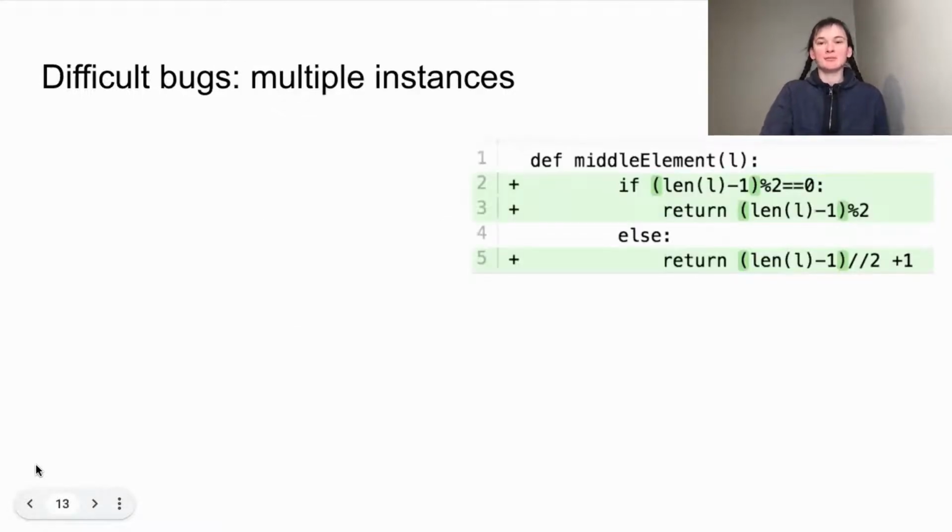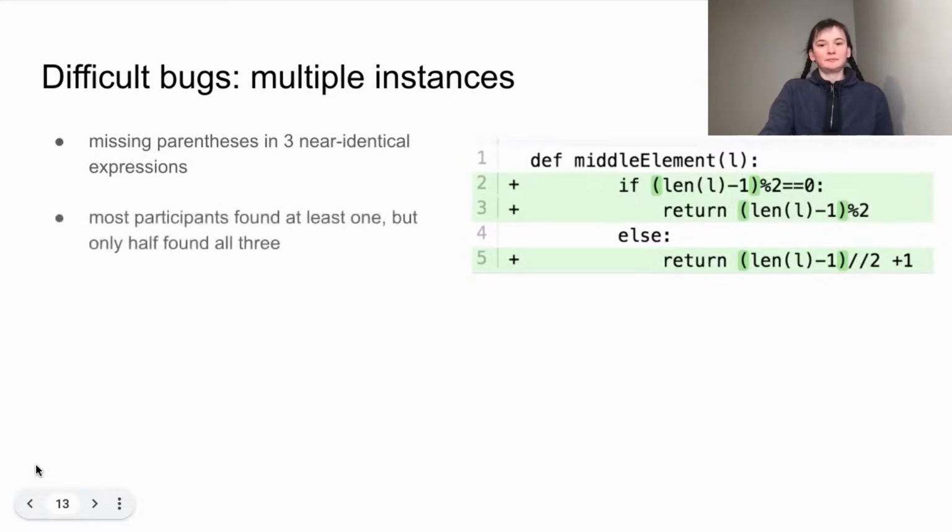The first interesting bug is one where the student solution was missing parentheses in 3 near identical places in the same solution. Most participants, so most TAs fixing the bugs, found at least one of these parentheses, but only half of them found all 3 instances.